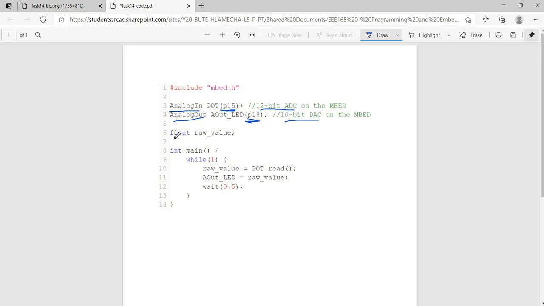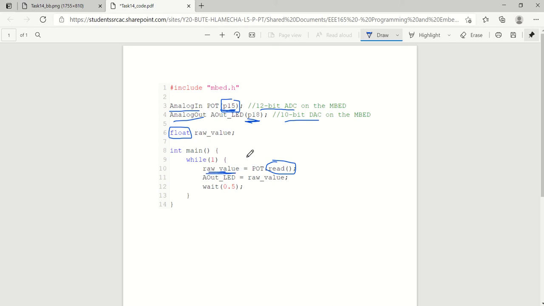And then all we're doing is storing it. We're looking at a little bit of data types here. We're storing a float value because it's got a decimal point in it. It's not an integer, which is just a whole number, because it could take in decimal points. And then we're reading from the potentiometer, along that pin 15, and storing it in here.